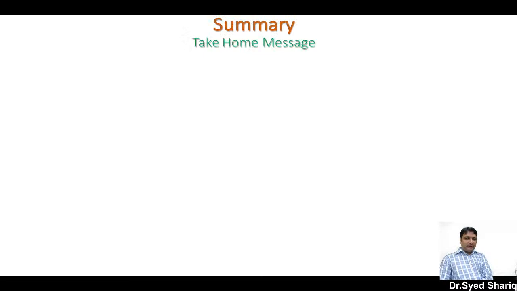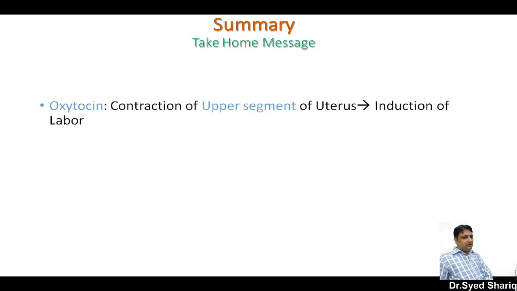So to summarize, I hope you understand this topic. Oxytocin basically causes contraction of the upper segment of the uterus, and therefore it is used for induction of labor. If you understood this much, that is more than enough, and then you can build on it.